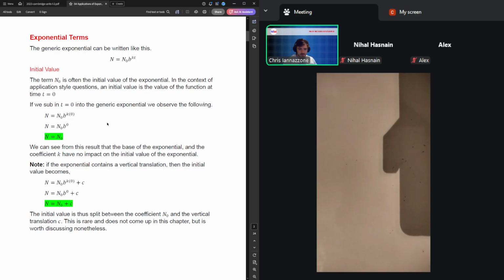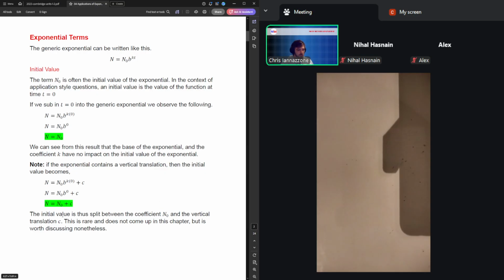There is technically a bit of a caveat, which is in the unlikely condition that you have a plus c, some vertical translation or some other term that is tacked on as a plus or minus at the end, the initial value will now be split between those two things, because if you do the exact same thing of subbing in your t equals 0, well, you're going to have that floating c just sitting there as well.